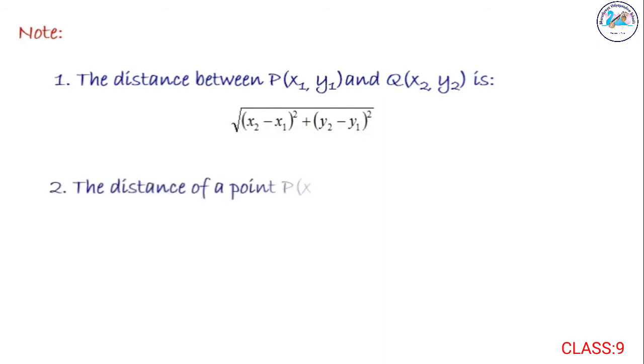And the next one is the distance of a point P(x, y) from the origin. One point is the origin (0, 0) and the other point is P(x, y). Quite simple. The formula is root of x square plus y square.